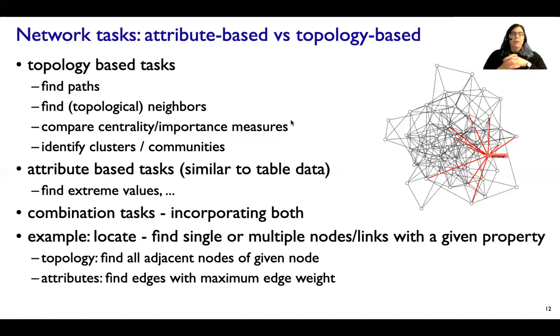If you were first saying, find all the adjacent edges of a given node, and then what's the maximum edge weight from that set of adjacent links, well, now suddenly we're having to ask questions about both the topology and the attributes. And that's something that would be unique to network visualization.